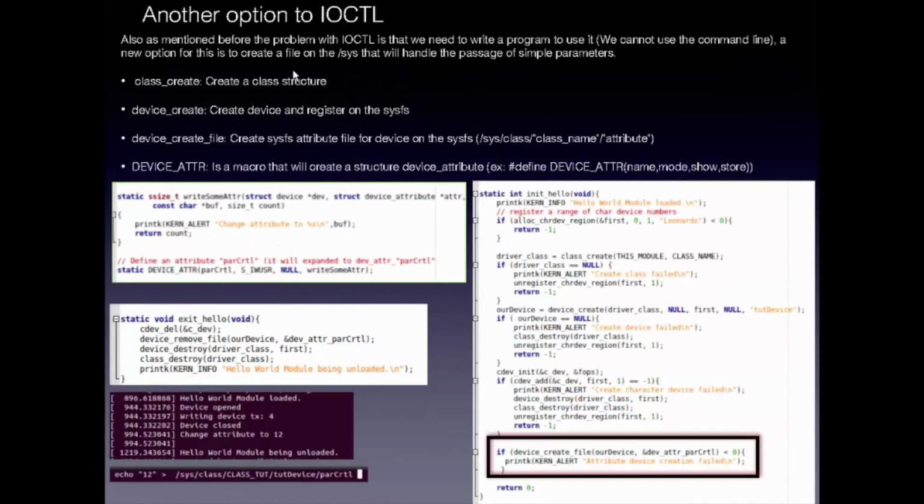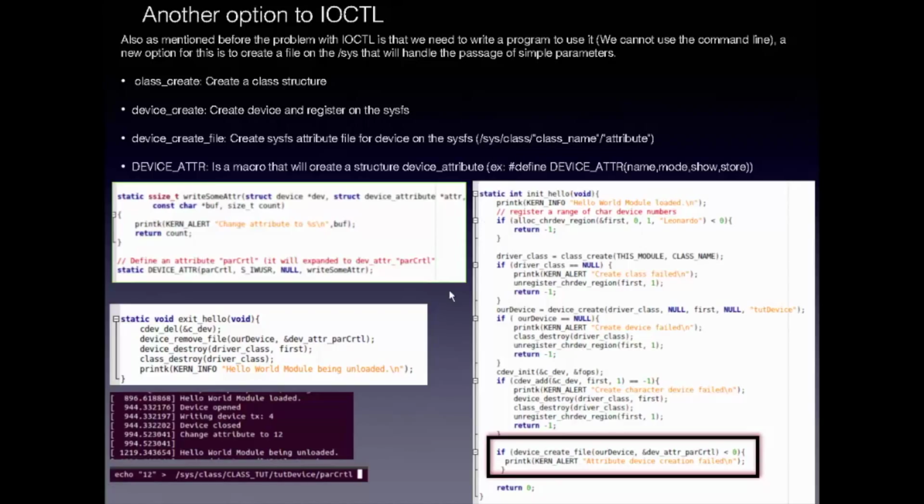Now another option to the IO control. As I said before, the IO control has this disadvantage that you need to write a program to use it. So the new versions of Linux came with something called sysfs, which is a directory, actually /sys, that is going to hold some attributes or status of your devices.